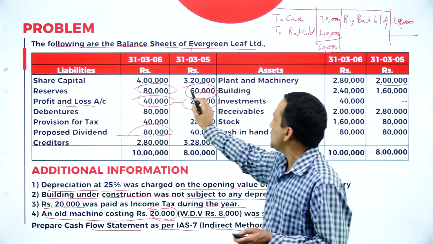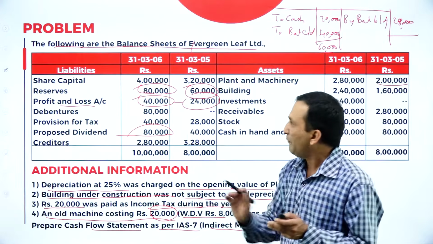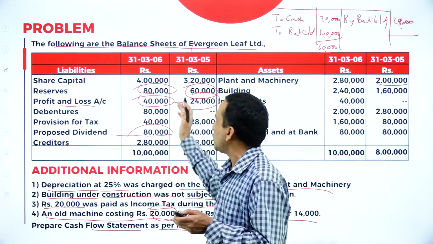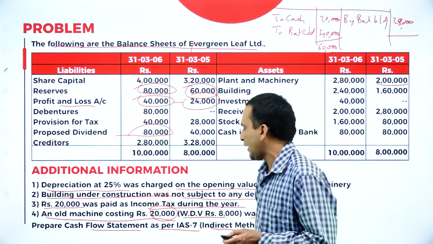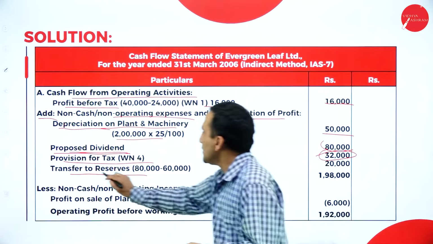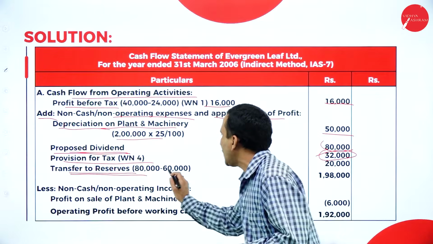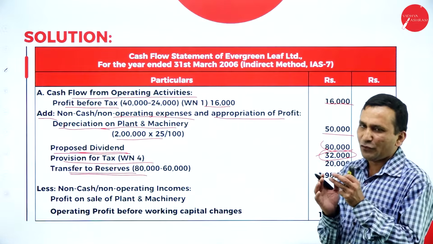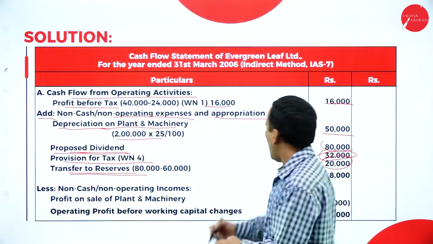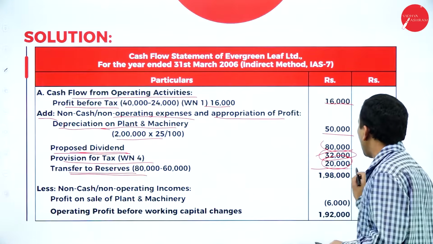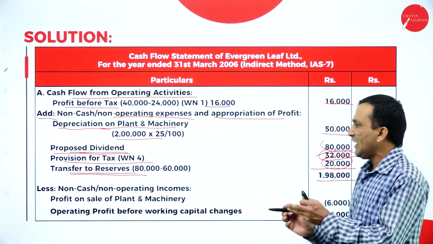The opening date is very less compared to the closing date, so there is a chance of transferring a fund to the reserve account. So the transfer to reserve is 80,000 minus 60,000. If you subtract, the transfer is 20,000. Now after taking this total, we are getting 1,98,000.